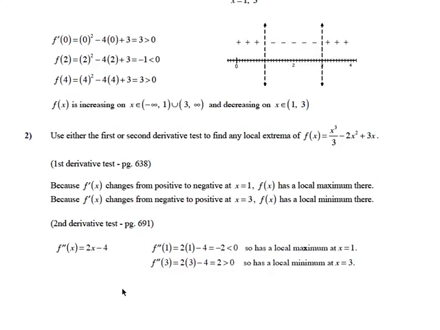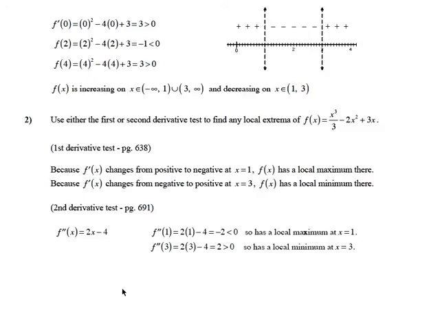Now we evaluate the second derivative at each of those critical numbers. F double prime of 1 is 2 times 1 minus 4, or negative 2. And f double prime of 3 is 2 times 3 minus 4, or positive 2.